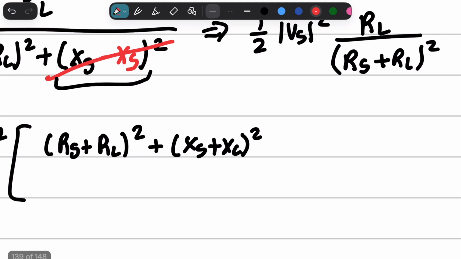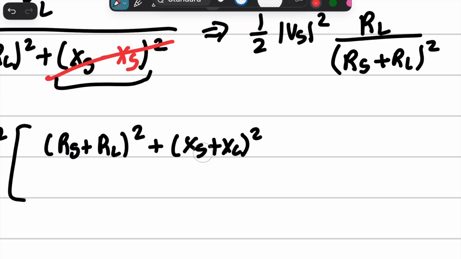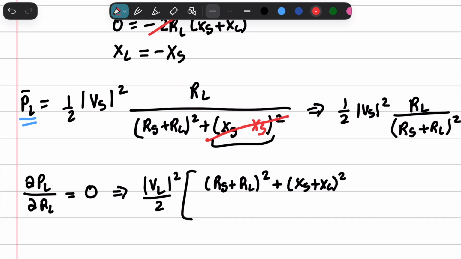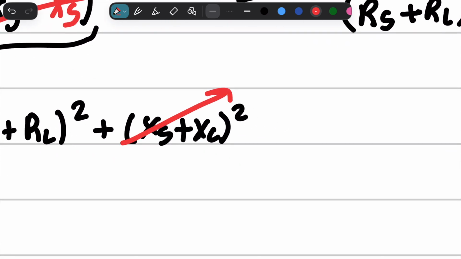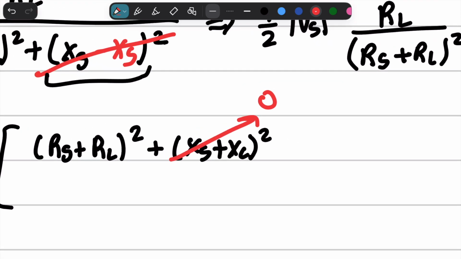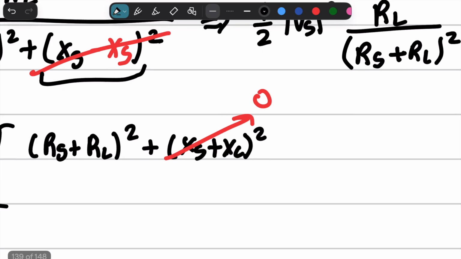Now here's the thing. I'm going to go ahead and simplify this, but we've already found that in this optimized version of case 1, this right here is just going to be 0, because we know that XS and XL are going to be equal and opposite, okay? So we'll just be left with RS plus RL squared.